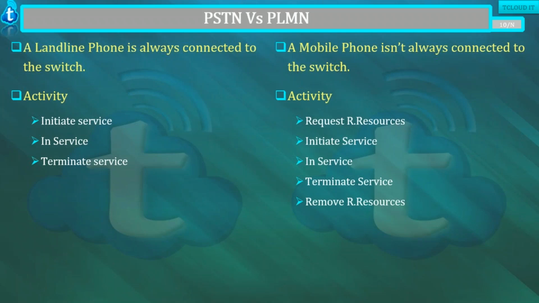Lot of mobile phones will be fighting for these radio resources. So you must allocate the radio resources to any particular mobile only for a short duration till he is in service. Once the service is terminated, you should remove the radio resources and move the mobile equipment into some state called as idle state.